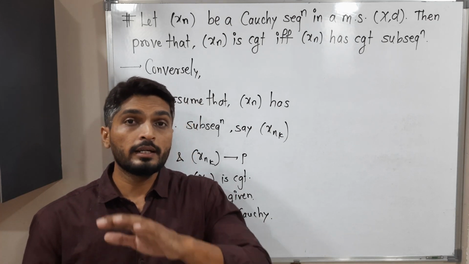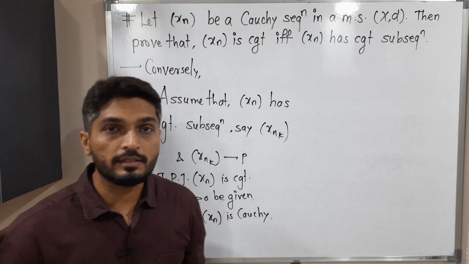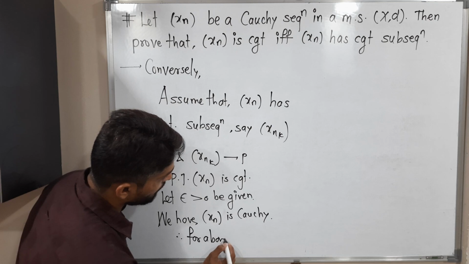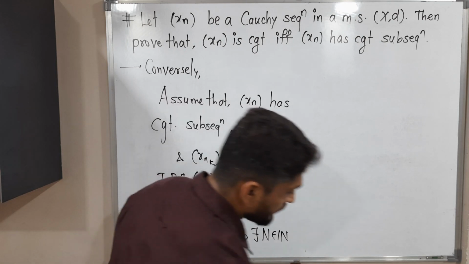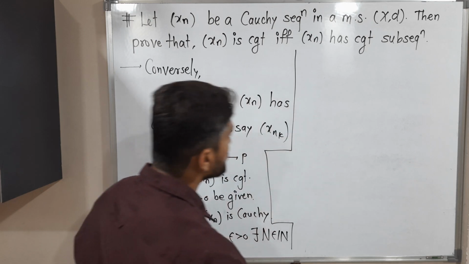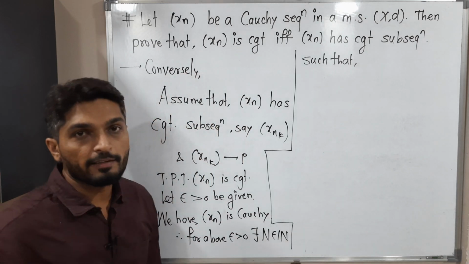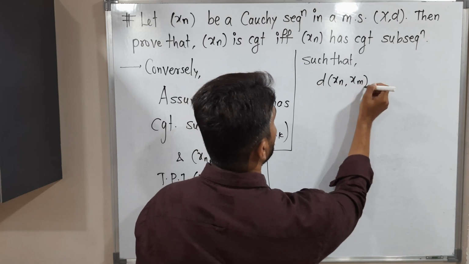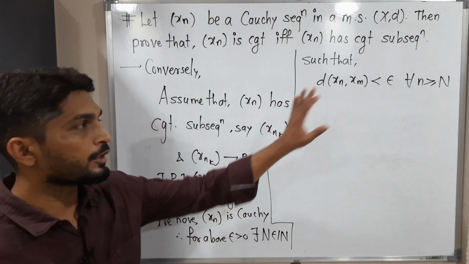For the above epsilon greater than 0, there exists N belonging to the set of natural numbers such that d(x_n, x_m) is less than epsilon for all n, m greater than or equal to capital N. So, this is the definition of Cauchy sequence.